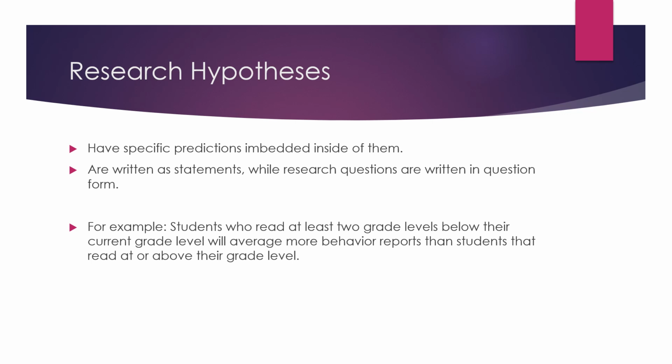This research hypothesis is making a direct statement of what the researcher believes to be true, and that any student who reads at least 2 grade levels below whatever grade they are in will average more behavior issues, which will be linked to behavior reports, than any student that reads at or above their current grade level. So basically they are making a prediction.